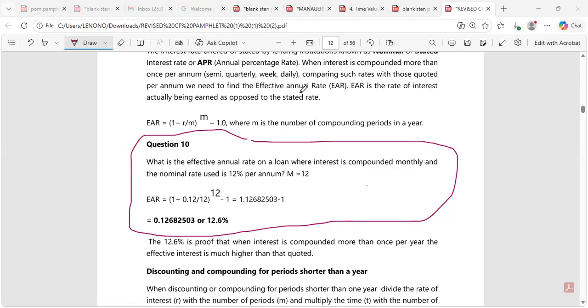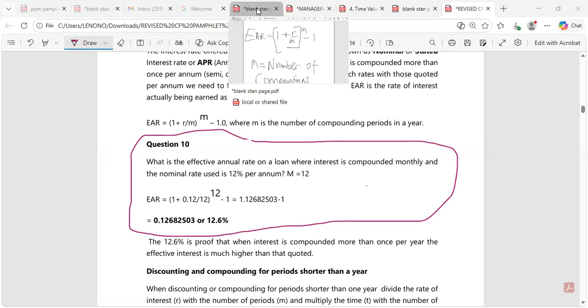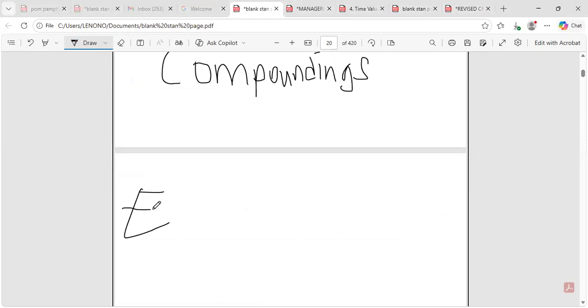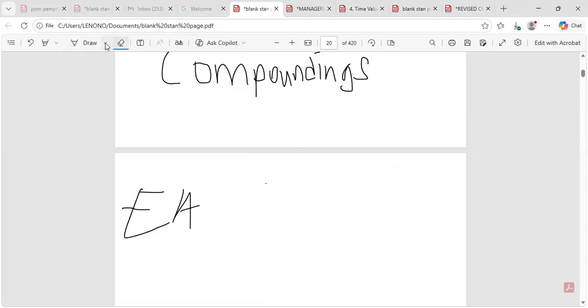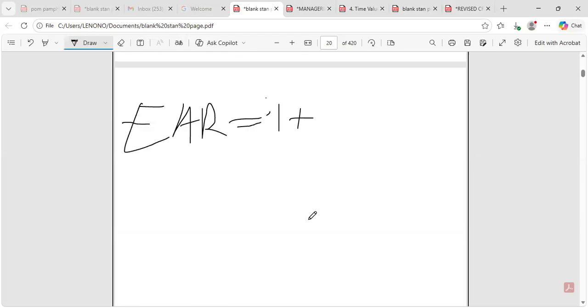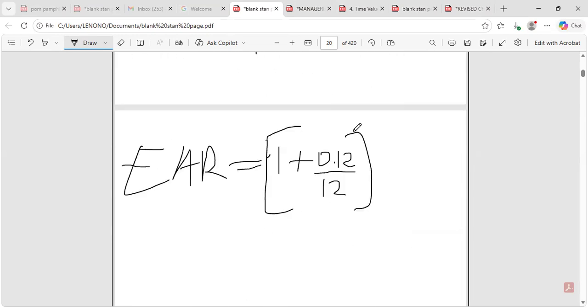So what is going to happen here is that for the effective annual rate, we will say 1 plus our R, which is 0.12, over 12, to the power 12, then minus 1.